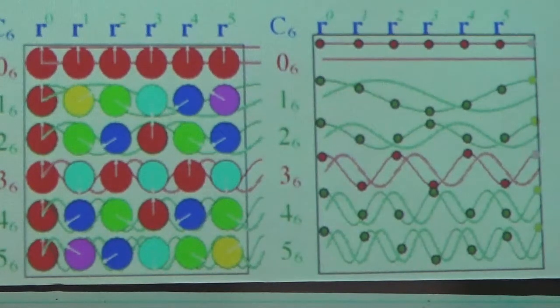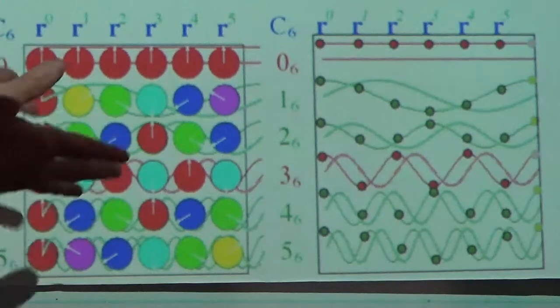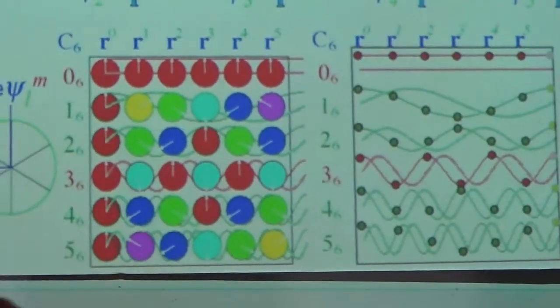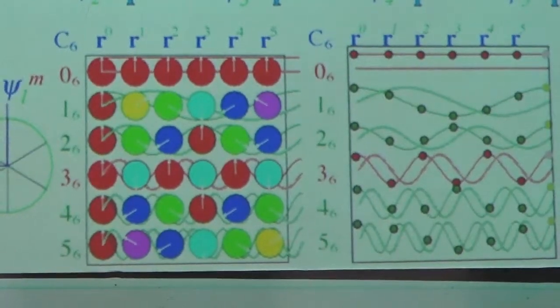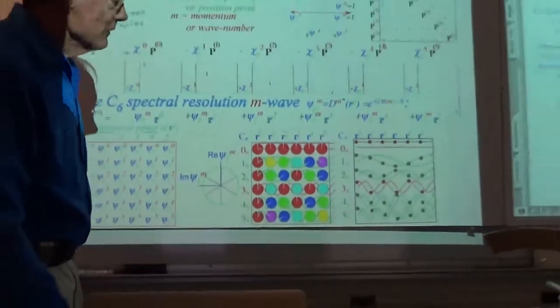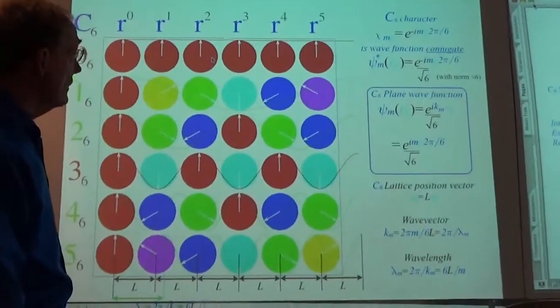Okay, so this is now getting to a sufficient complexity to begin talking about continuous waves. But it's a finite symmetry, so to that extent, it can't be quite continuous. It's just starting to get that way.